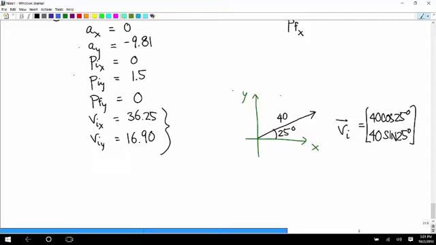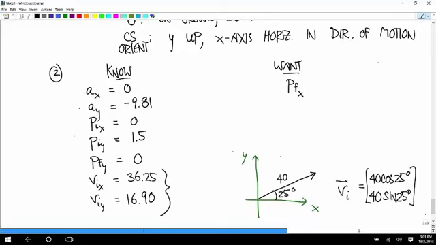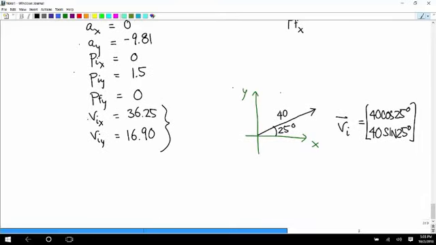And then do we know anything about the final velocity? That's right. We can't say it's 0. There is something that you'll probably start to notice as you go through this, and that's that in free fall problems, the final x component of the velocity is always the same as the initial x component of the velocity. So yes, it turns out that the x component of the final velocity is going to be 36.25.